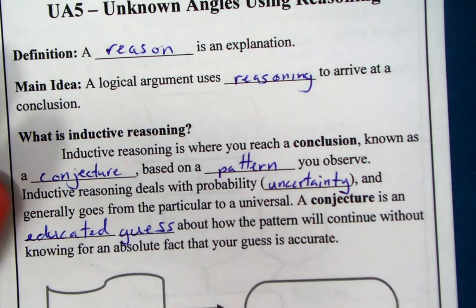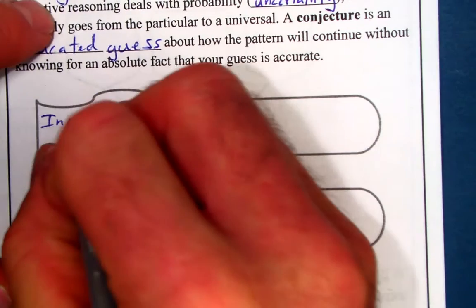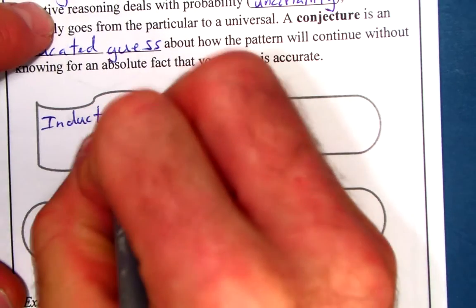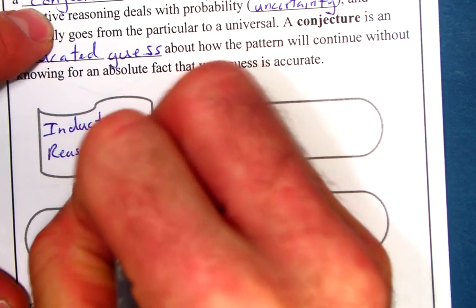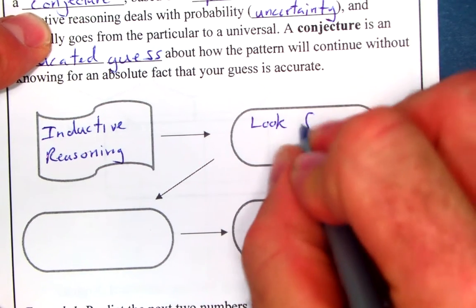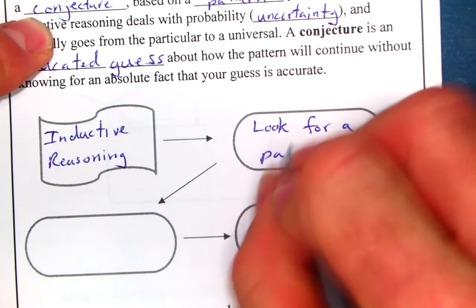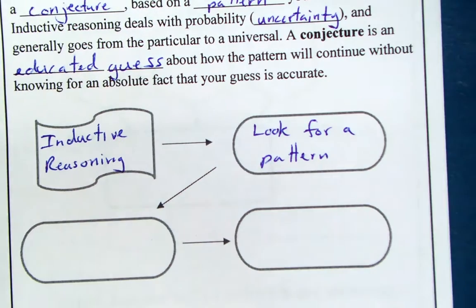So this is the flow right here. Inductive reasoning: if you're going to use inductive reasoning, that means you're going to look for some pattern. Based on that pattern, you're going to make some kind of educated guess, reach a conclusion.